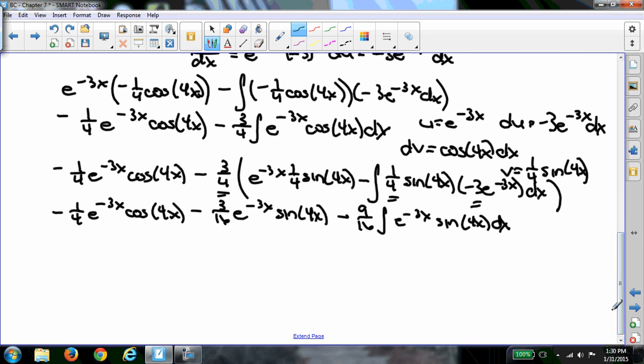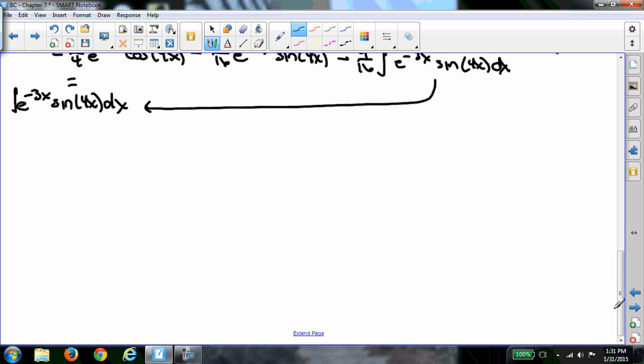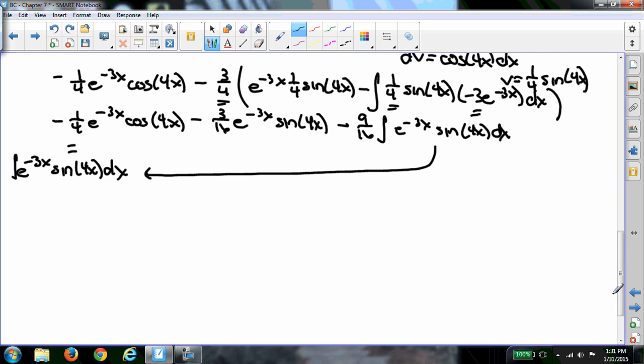Now, if you recall, all of this equaled the original integral, which was e to the negative 3x sine 4x dx. So what I'm going to do is basically add this over to the left side of the equation. So I have one integral plus 9/16 of an integral.